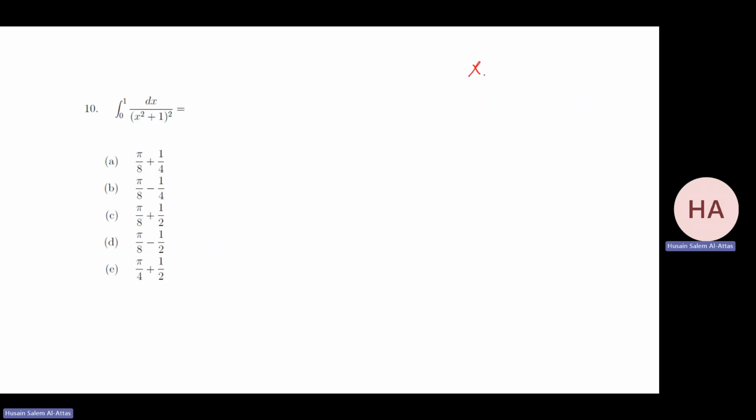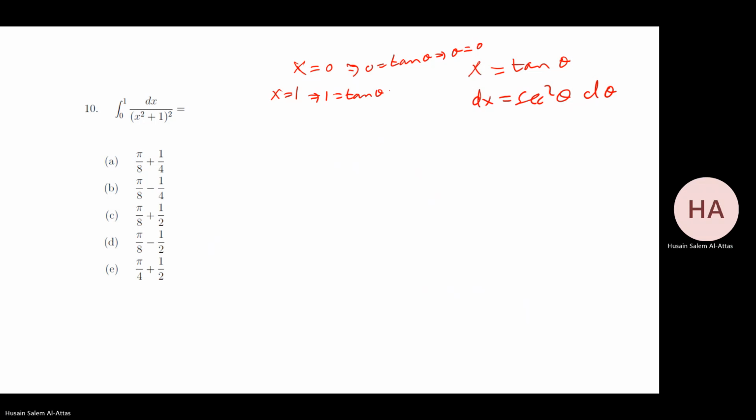I have x equals tan theta. See what will happen. dx will be secant squared theta d theta. And now the limits of integration: x equals 0. That means 0 equals tan theta. So theta equals 0. x equals 1. Then 1 equals tan theta, so theta equals pi over 4.